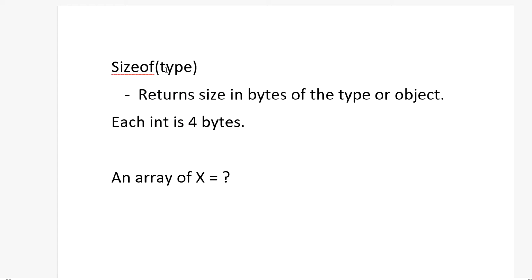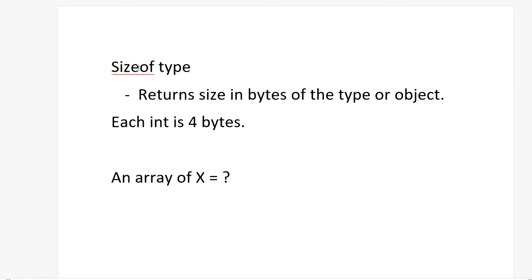Okay, let's look at sizeof. So sizeof is a keyword. It returns the size in bytes of the type or object. So you put the type here or the object. Since it's a keyword, technically, you do not even need a space there. You just put the type here without the angle brackets, or the object. In this case, I was using an array.